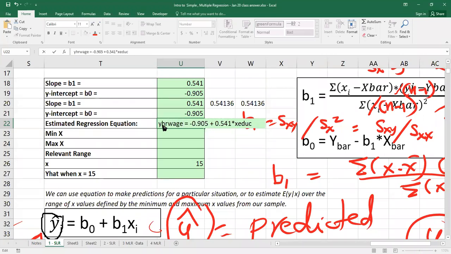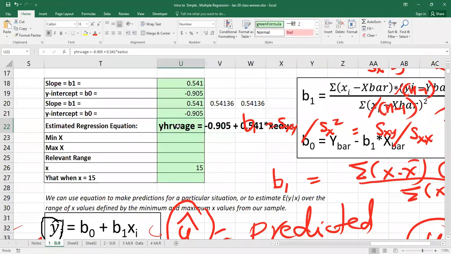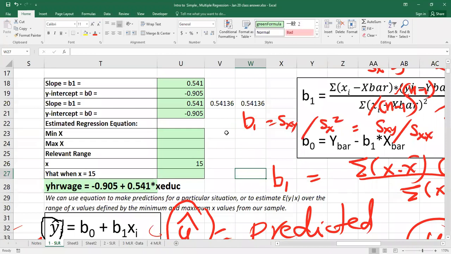Okay, so this is our regression line, guys. And consistent siya, guys, dun sa mga dito. Okay, so that's our estimated regression line. No?